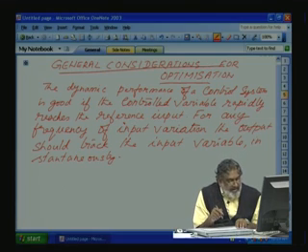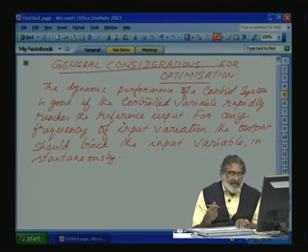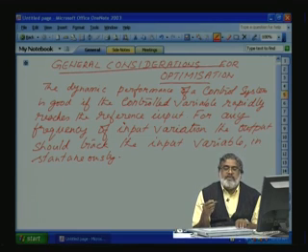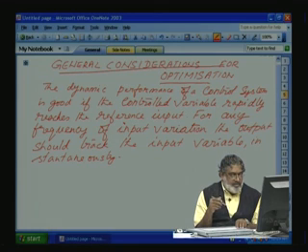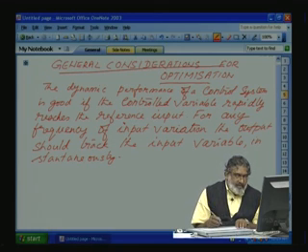So, for a practical system, in terms of frequency range, the modulus of the output, or the output gain, should be close to 1. That means, if it is tracking the input, output divided by input, that modulus should be as close to 1 over a wide frequency range. That is the bandwidth.